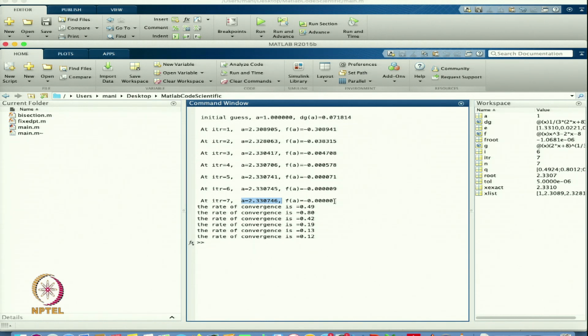So, it is becoming less than the tolerance, and for the rate of convergence, I started with the initial guess. It is showing 0.49, then 0.48, 0.42, 0.19, then 0.13, then 0.12. So, in this case my rate of convergence is always coming less than 1, because it cannot be greater than 1. So, this is the way we found the rate of convergence.